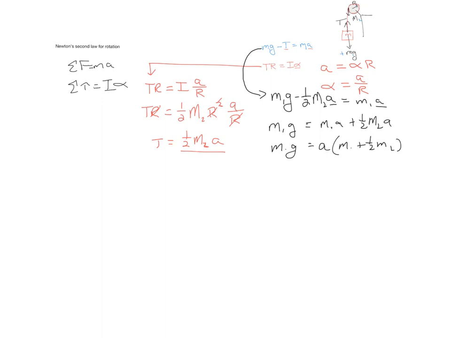So what they'll do is try to get that fraction out of that parenthesis, and to do that they have to multiply everything by 2. We're going to multiply this entire side by 2, which will distribute in here, so that 1/2 kind of will cancel out. So the final answer for the acceleration here would equal 2 m1 g all over 2 m1 plus m2.